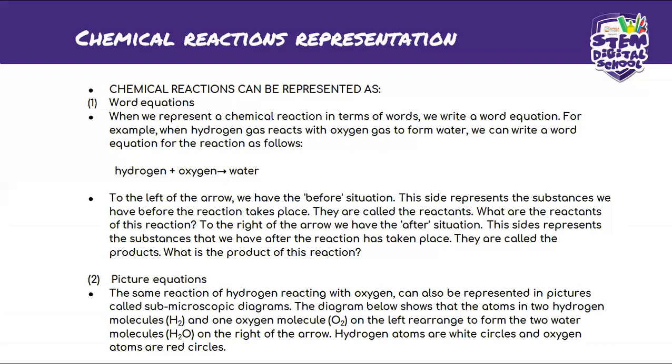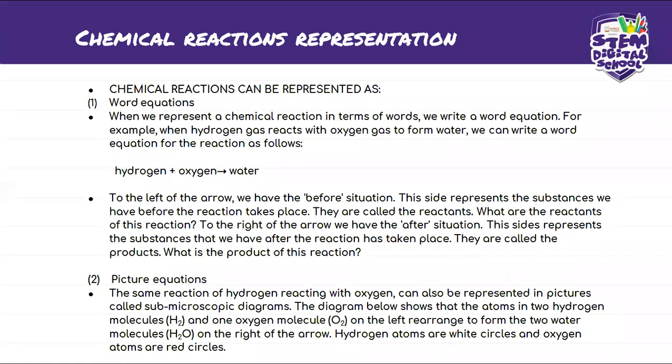Now, besides representing chemical equations with words, we can also represent them using pictures. When we use pictures, they are called picture equations. The same reaction of hydrogen reacting with oxygen can also be represented in pictures called submicroscopic diagrams.